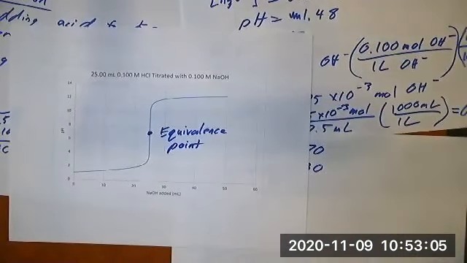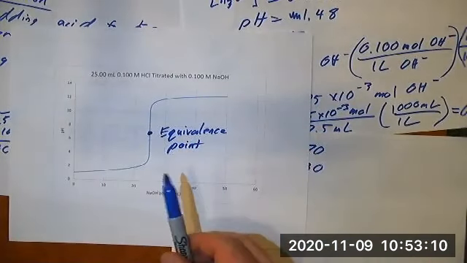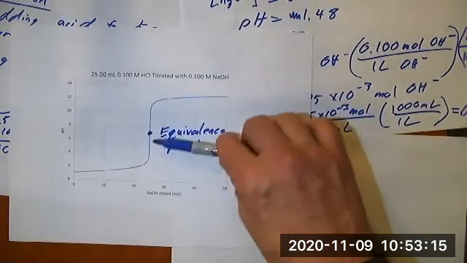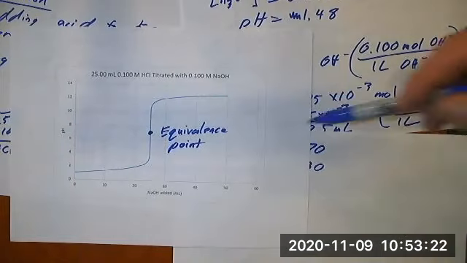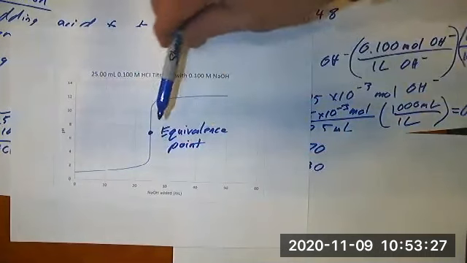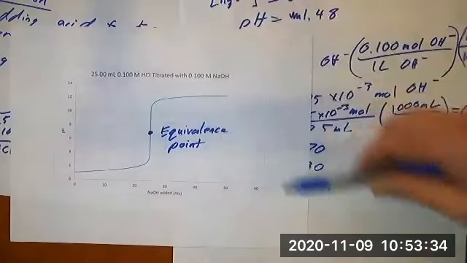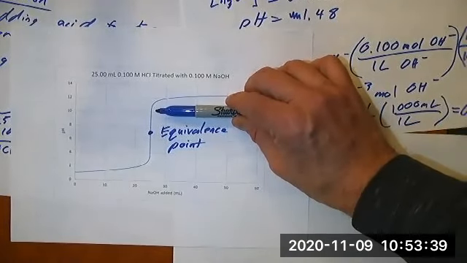And that happens when you have an equal amount of the acid and the base. And in this case, we end up with the pH of 7. And you notice that is happening at 25 milliliters. The detail that you should really notice very carefully here is just how steep this curve is at that equivalence point, which means that you go from very low pH to very high pH extremely quickly.